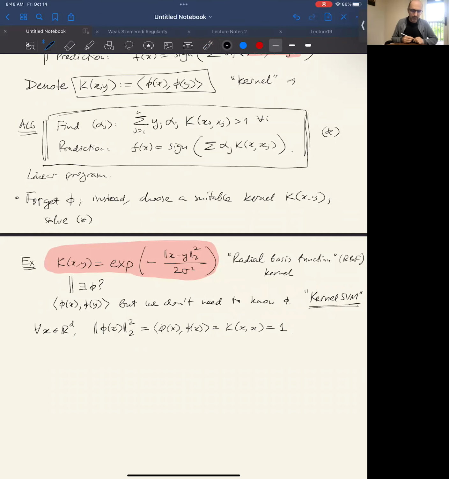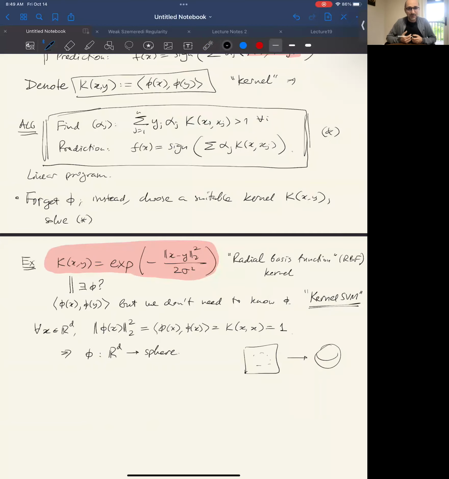So what does that mean? It means that all the vectors are mapped to unit vectors, and unit vectors form the sphere. So this map maps R^D to the sphere. It's like a stereographic projection, only better. So all these points are now mapped onto the sphere.